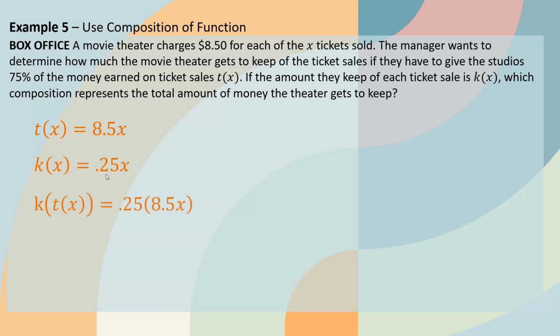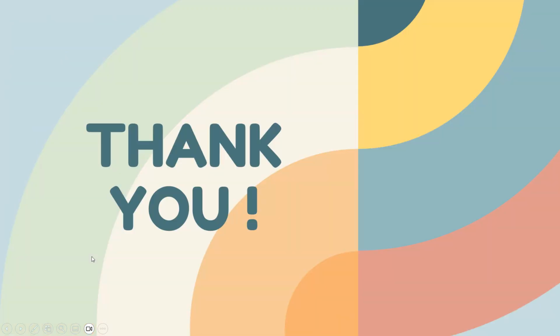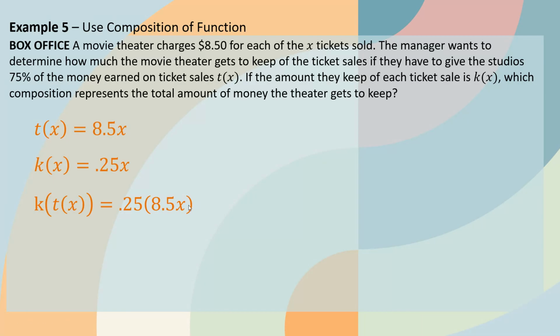So the composition would be that they're keeping 25% of 8.5 per ticket. So when we multiply 0.25 times 8.5, we get 2.125x. So that's just telling us how much they get to keep per ticket.